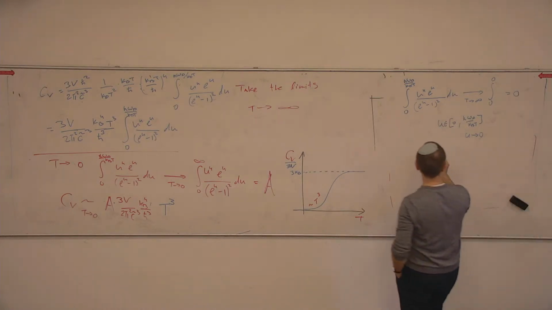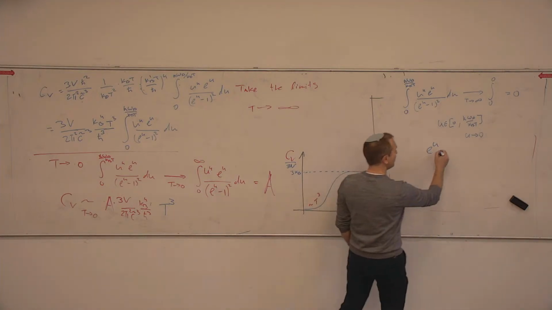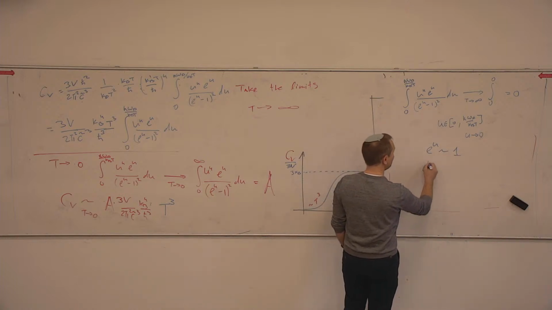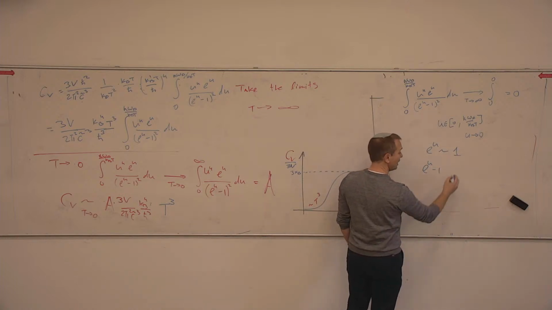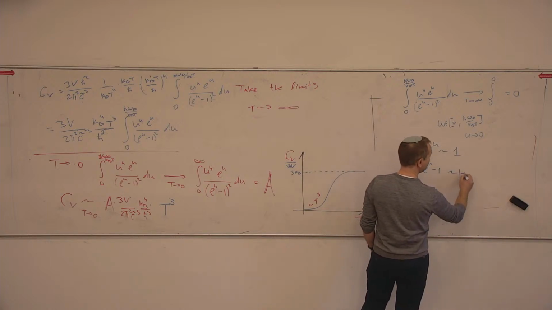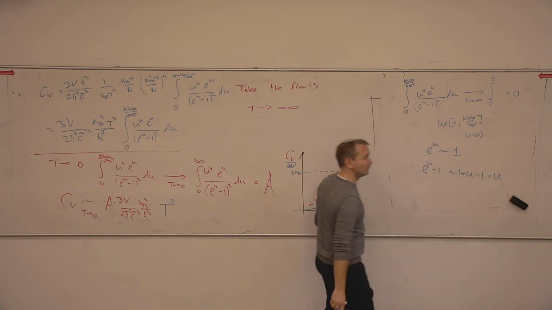So when u is small, e to the u I will approximate as 1, and e to the u minus 1, I will approximate as 1 plus u minus 1, which equals u.